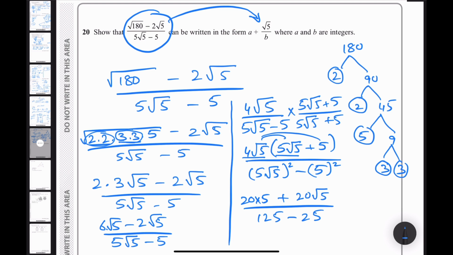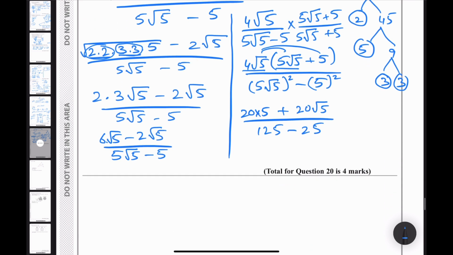So 20 times 5 will become 100. I'll bring it here, 100 plus 20 square root of 5 divided by 100.